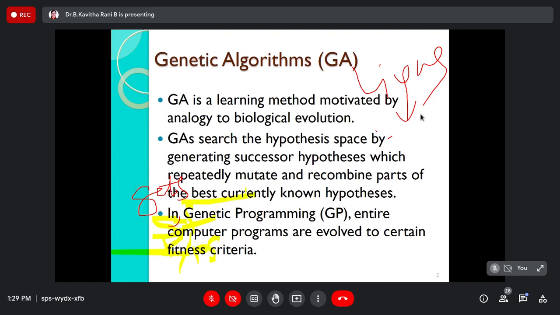This is the set of inputs which is given, and then one algorithm is applied on this set of inputs, and you will be getting the set of solutions to your data. So here you will be using an algorithm.